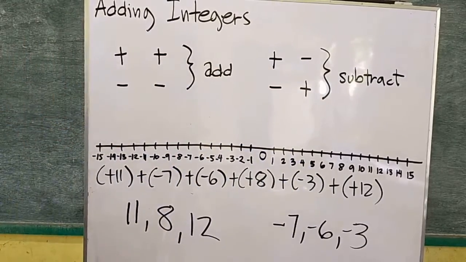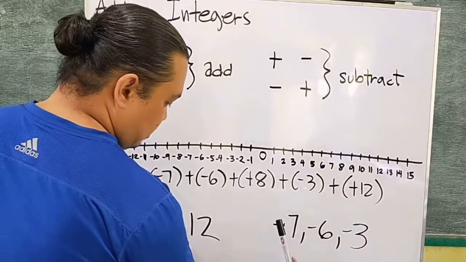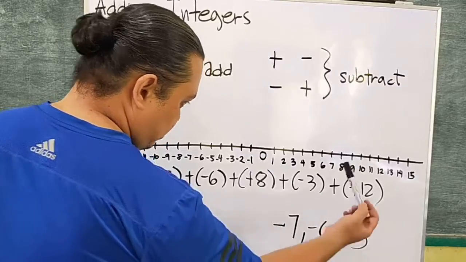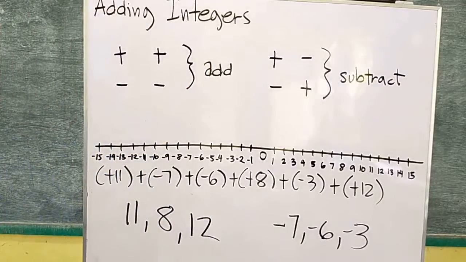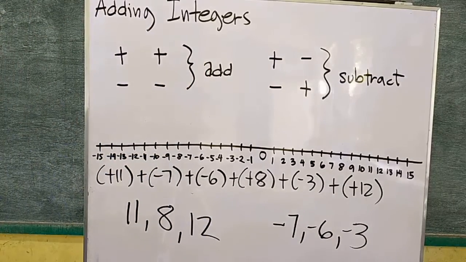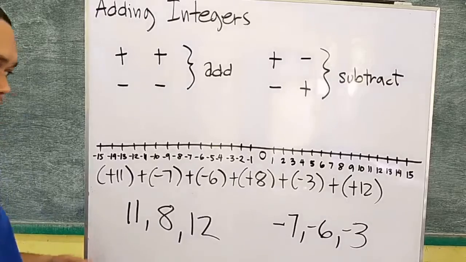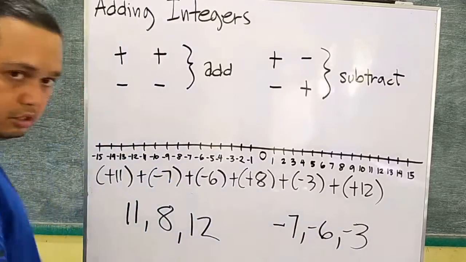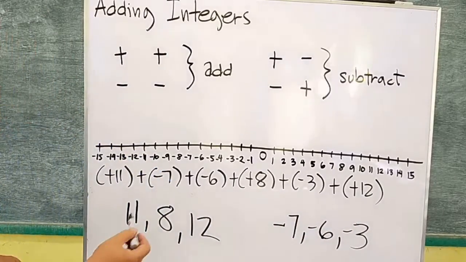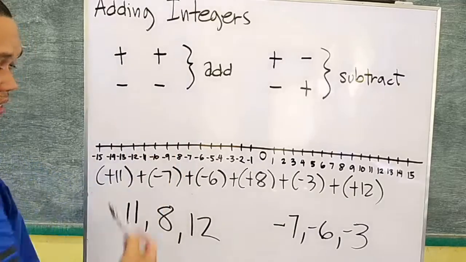So we have negative 6, negative 7, negative 6, and negative 3 for our negative integers. Now let's add all the positive integers and all the negative integers.